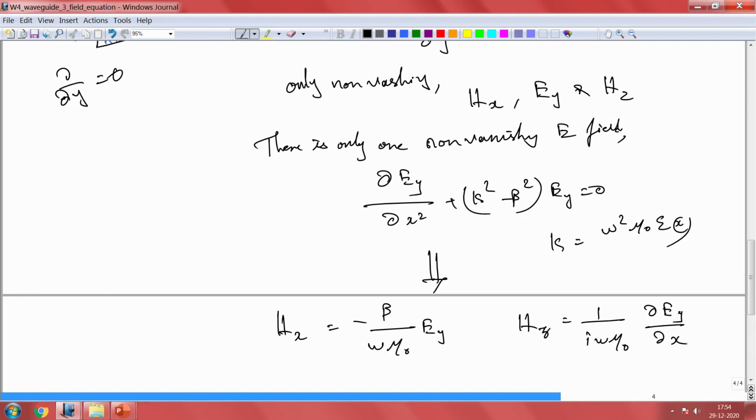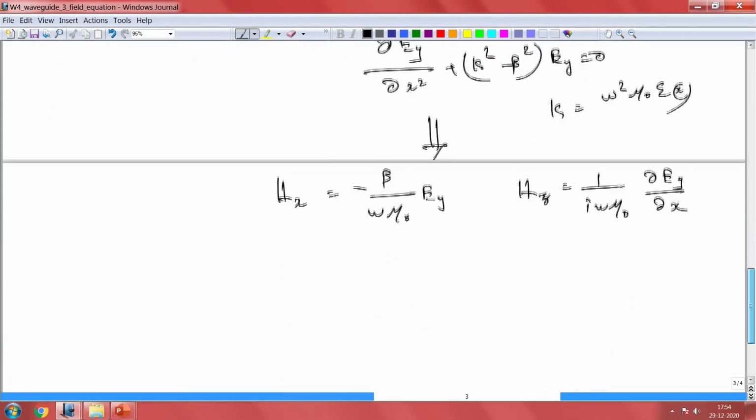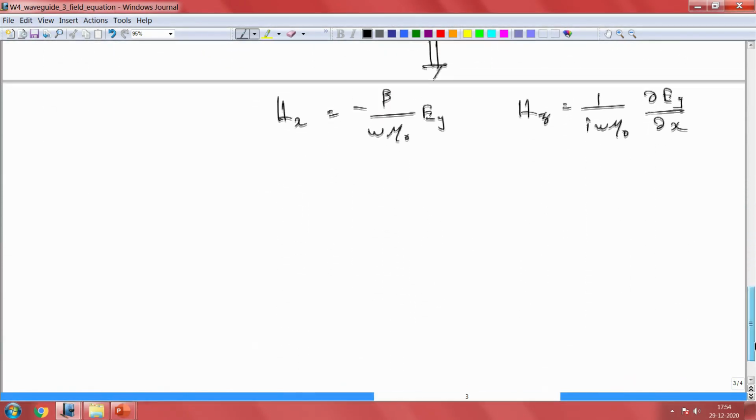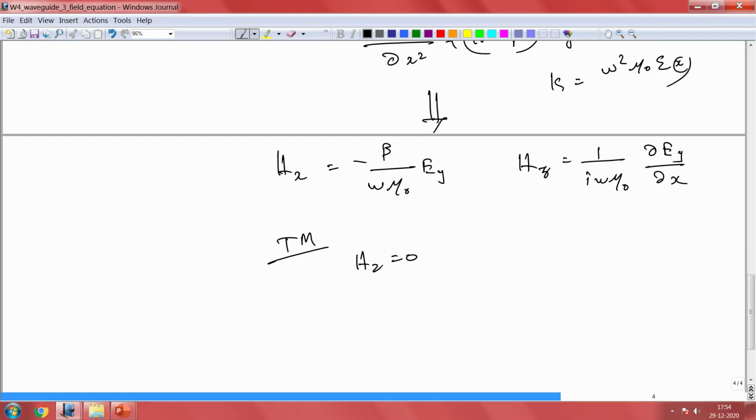So now we can do a similar approach for TM waveguides as well. So TM mode as well. In terms of TM, your Hz field is 0. This is only for planar waveguide.